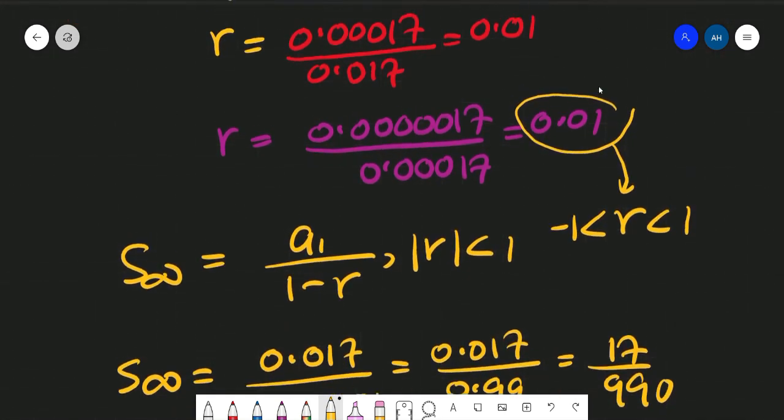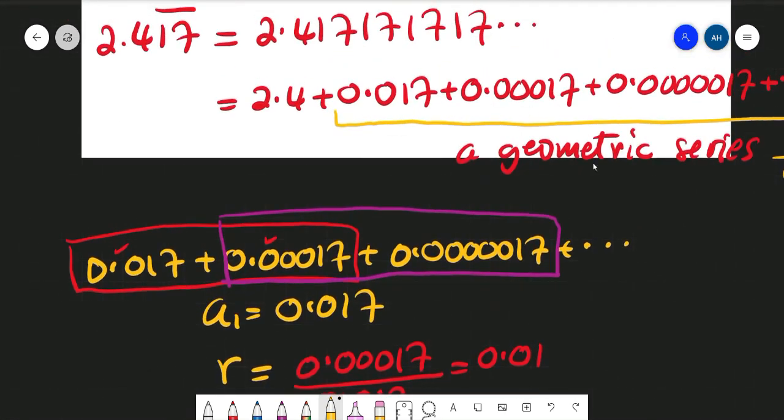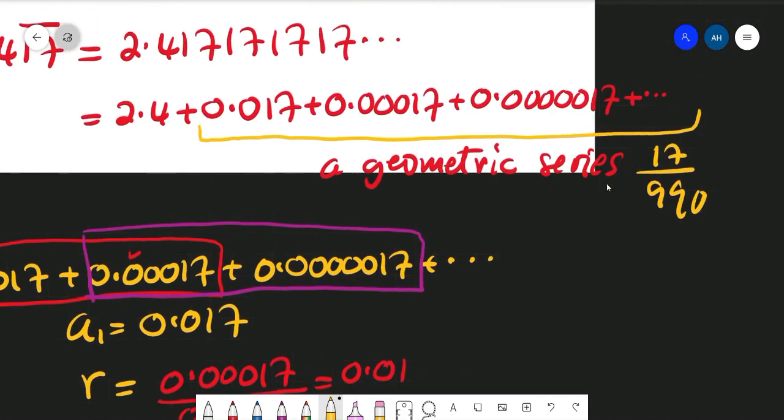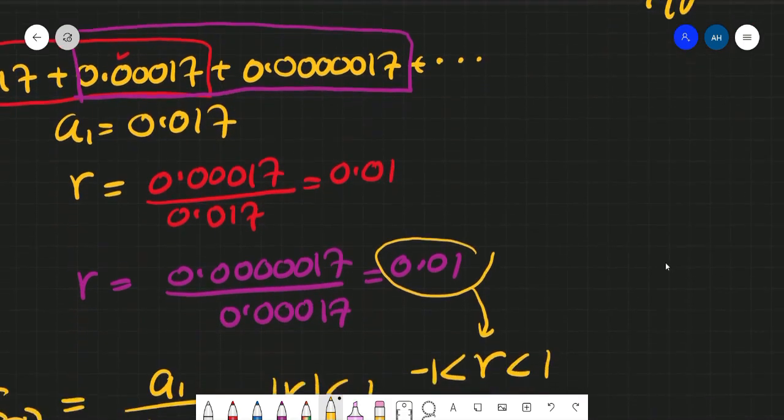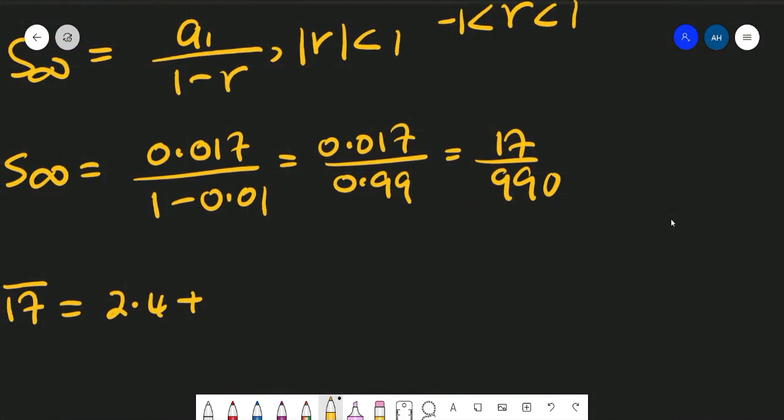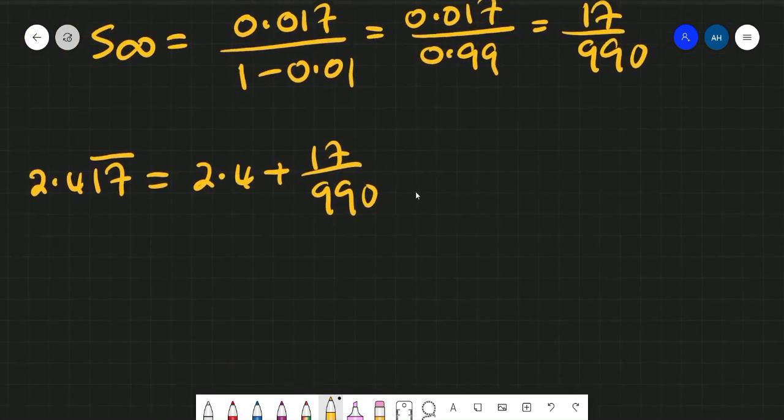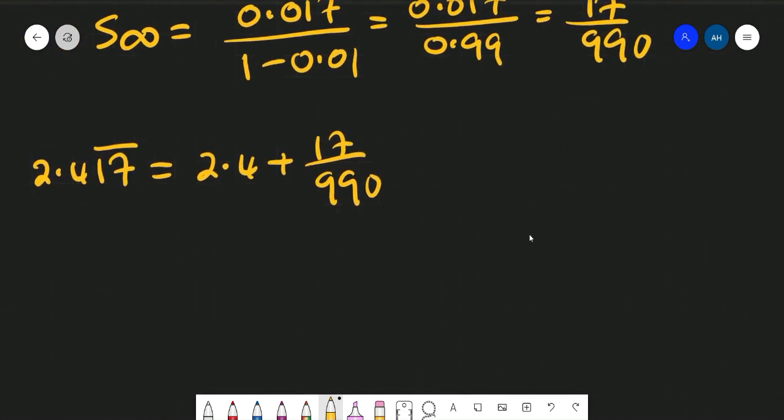That geometric series has a sum equal to 17 over 990. So we are going to replace that geometric series by 17 over 990. Now let's simplify this sum and see what we get.